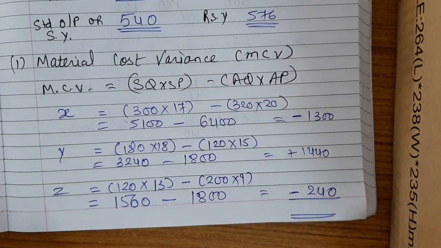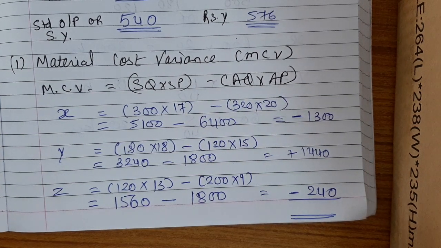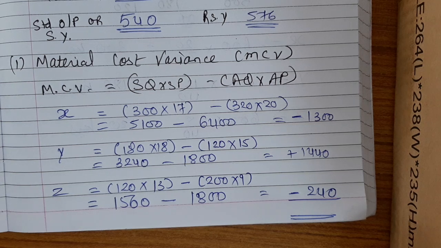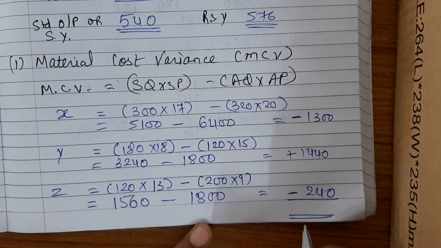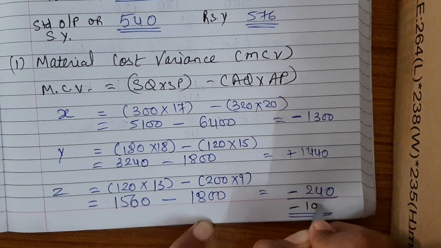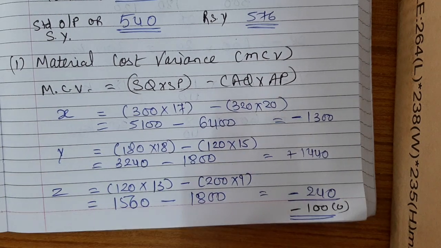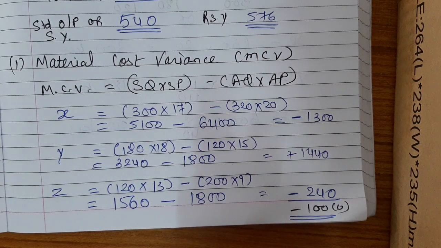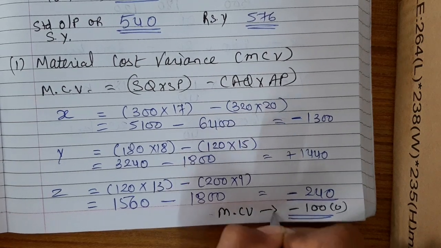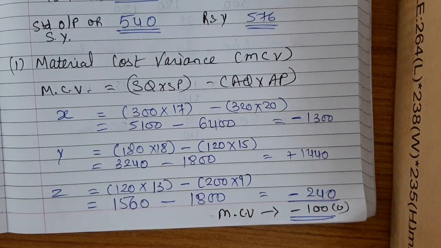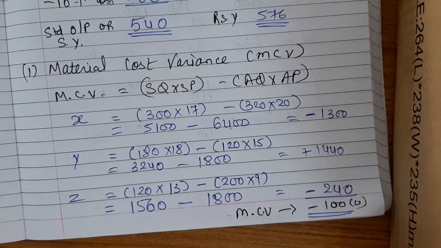Now by adding the three of them, negative 1300, negative 240 and positive 1440, my answer comes to negative 100 unfavorable. So my material cost variance is negative 100 unfavorable. So this is the calculation of your material cost variance.